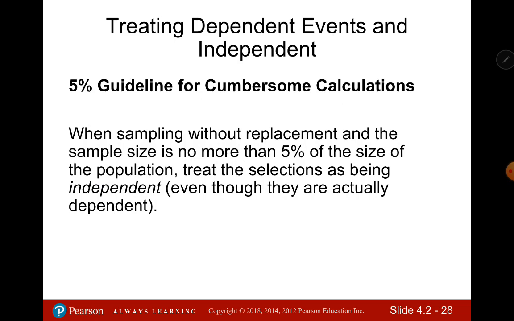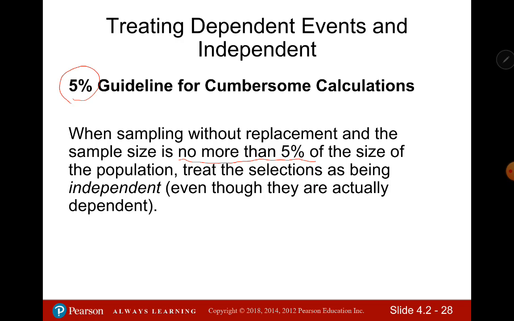But we also have this rule to help us. This is called the 5% guideline, which means if we have a large population and our sample is very small, we have this rule: no more than 5% of the population.